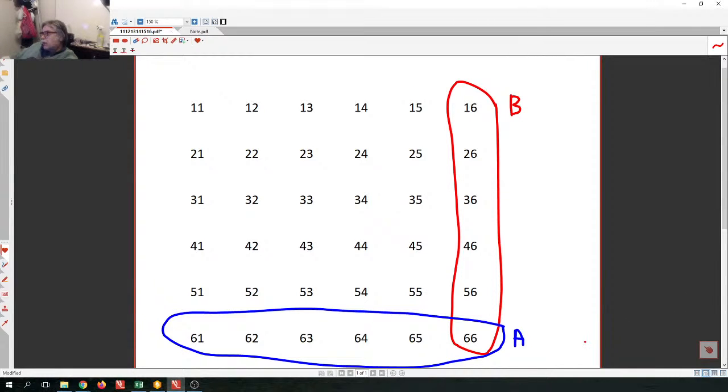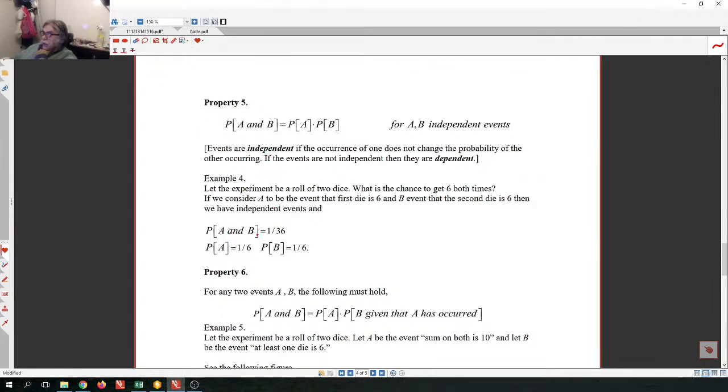Now, the chance of getting A and B means 6 on the first roll and 6 on the second roll. That's only this guy, right? And the probability of this guy is 1 out of 36. So we have here the probability of A and B is 1 out of 36, the probability of A is 1 out of 6, the probability of B is 1 out of 6.